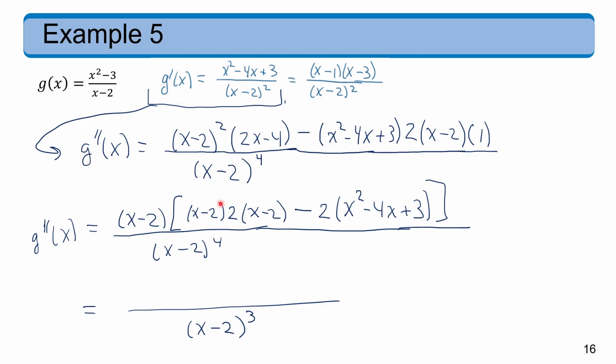I can write this as x minus 2 quantity squared, but since 2 appears in both of these, I could also pull the 2 out in front. Okay, so now in the brackets, instead of writing it as x minus 2 quantity squared, it might help if I multiplied that out, because then I could combine like terms with what I have over here.